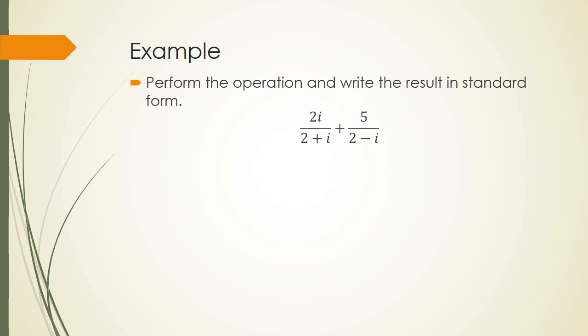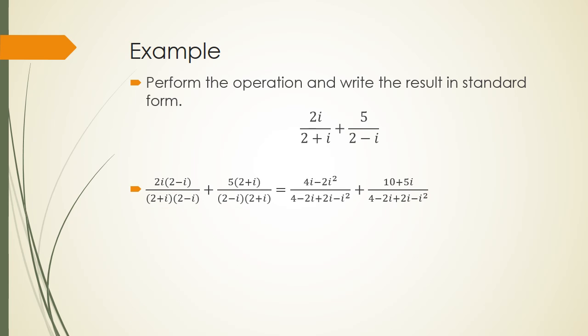Pause the recording and give this a try. As you can see, we ended up with the exact same denominator, which is very convenient. And again, our final answer, to really be in standard form, should be 12 over 5 plus 9i over 5.